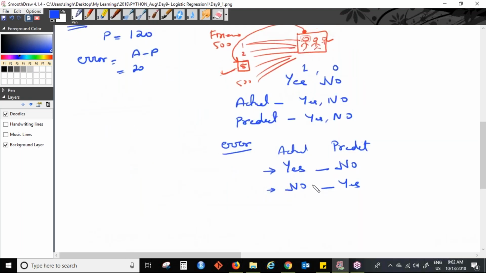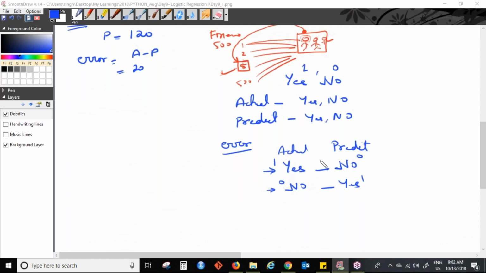Is there any other error apart from these two? So actually it was a 1, but you predicted a 0. And actually it was a 0, but you predicted a 1. No, there is no other error. These are the only two cases where you can go wrong.